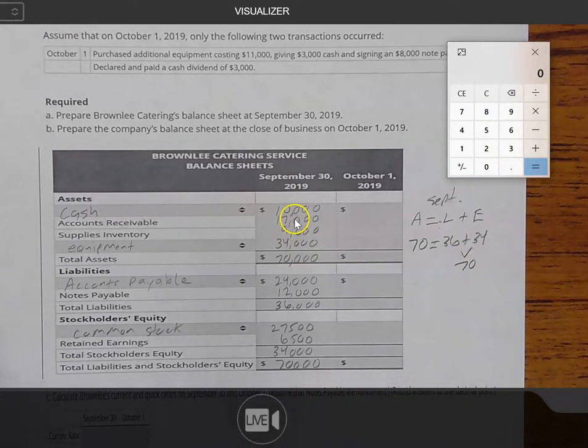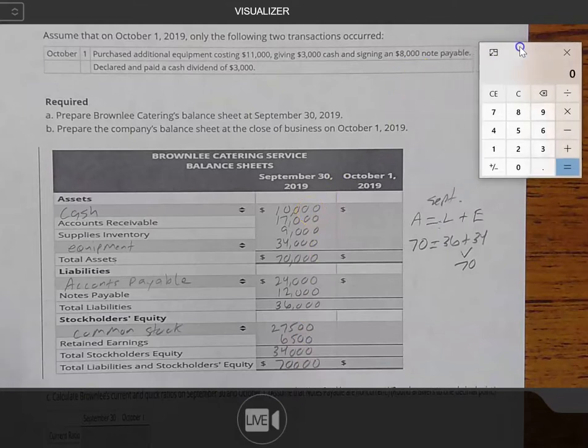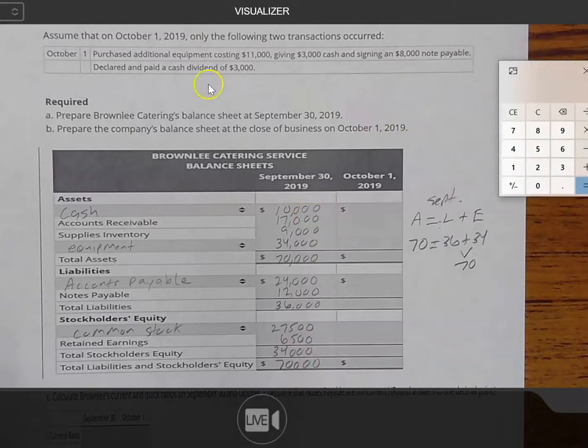Now we want to know about our assets on October the 1st, 2019, one day later. So our starting point for each of these is whatever it was the day before. Okay, so cash was 10,000, but let's see what we had going on here.